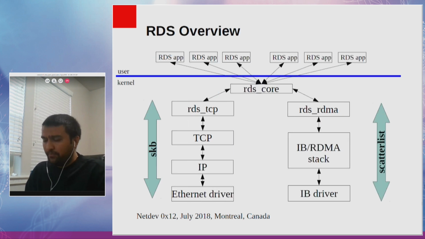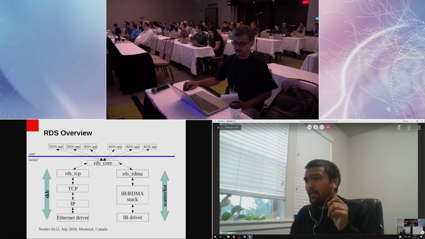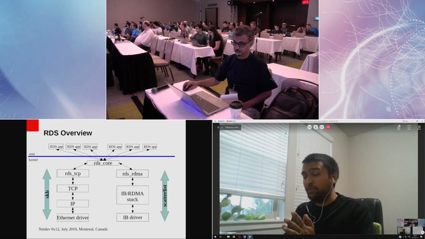All right. So how does it look from the architecture overview? You can see on the left side, as I said, we have two kinds of transport. One is Ethernet. Off of the TCP stack, we have a module called RDS TCP that deals with anything that comes off the TCP/IP stack. Once the packet has arrived at RDS TCP, we have a transport independent layer module called RDS core, which takes the packet and does all the communication with user space.